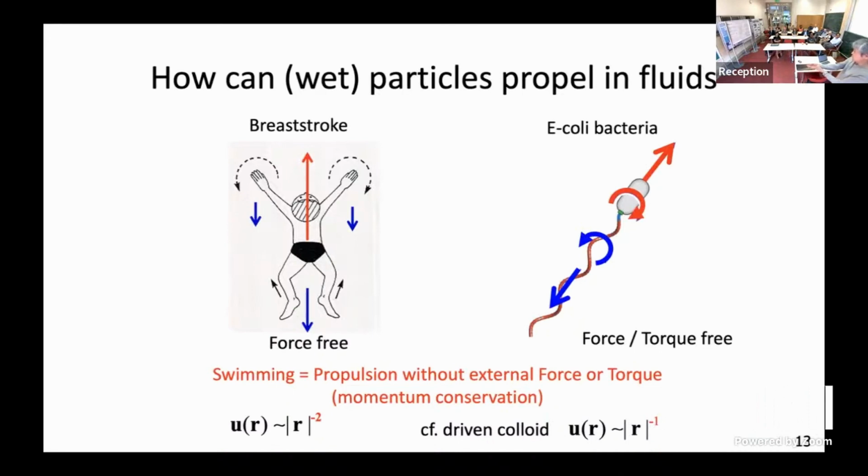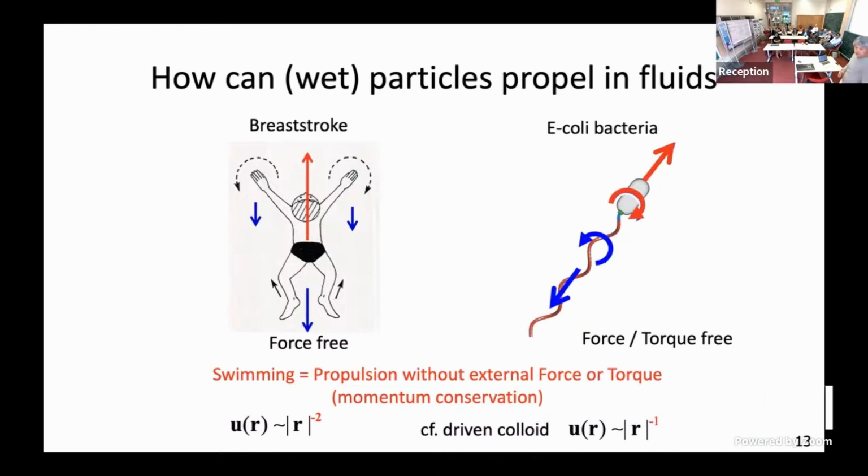Then there is a counter torque, so the body tends to rotate the opposite way. But the total rotational momentum is constant. So these conservation laws are the important concept for microsystems, with the particle systems. Swimming means propulsion without external force, external torque.